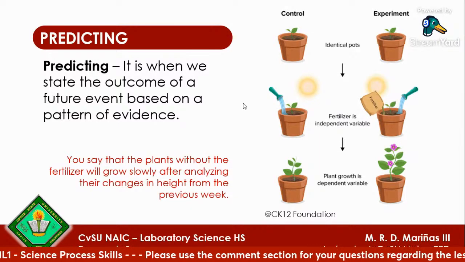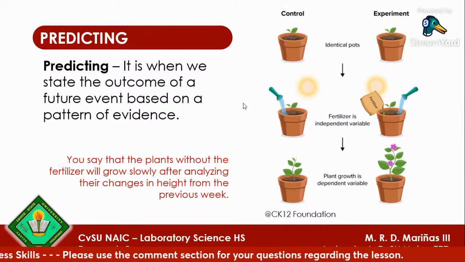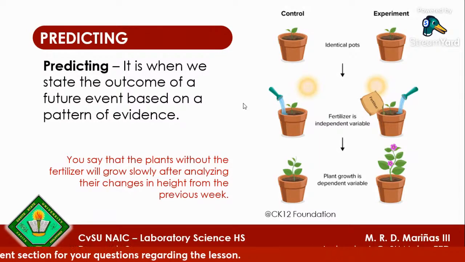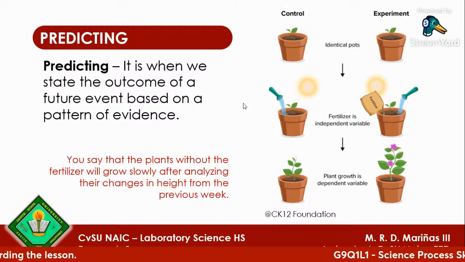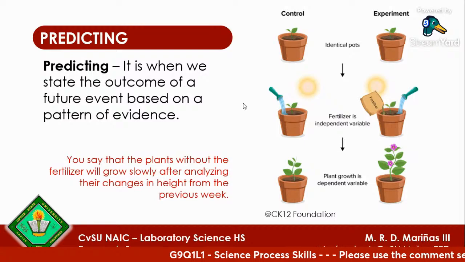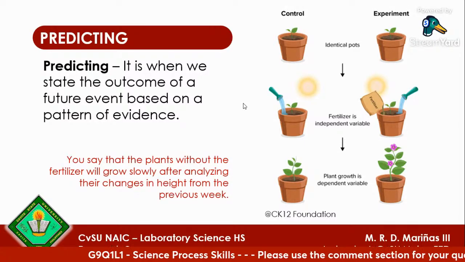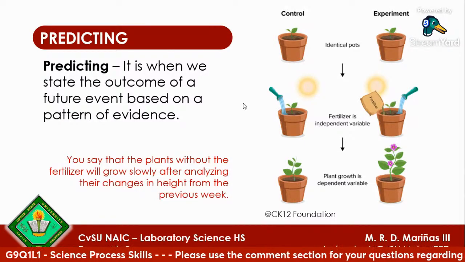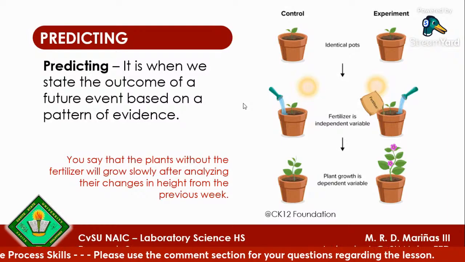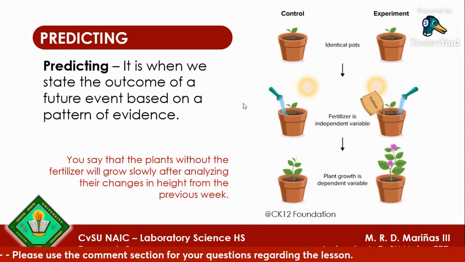Ano yung pwedeng mangyari after or sa future events. So, based sa pattern ng evidence. For example, here, napansin mo na on the first day, naglagay ka ng fertilizer, the plant grew rapidly. So, pwede natin i-predict na pag nagpatuloy tayo sa pagdagdag ng fertilizer, mas lalaki yung halaman natin. Pag naglagay tayo ng tamang dami ng tubig, patuloy natin nilalagyan yan, we can predict o pwede nating mahulaan na magpapatuloy sa paglaki yung ating object.